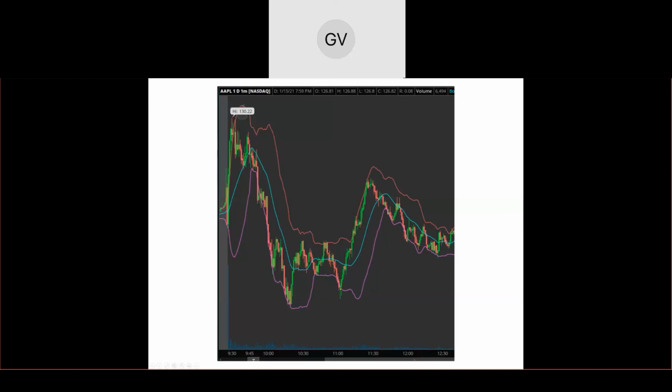If the power of the bears is high, it might even start pushing the rubber band down also. That means the price keeps going down and the rubber band also keeps going down. Then you keep your finger on the buy button or the sell button, whichever side you are, till the side changes or till the graph is changing, right?